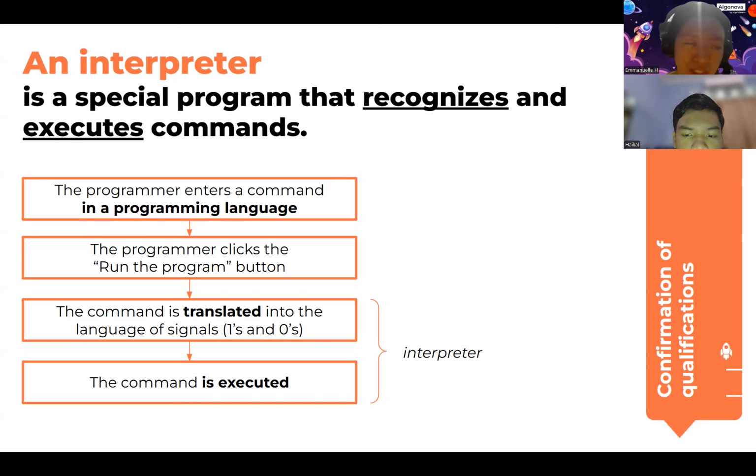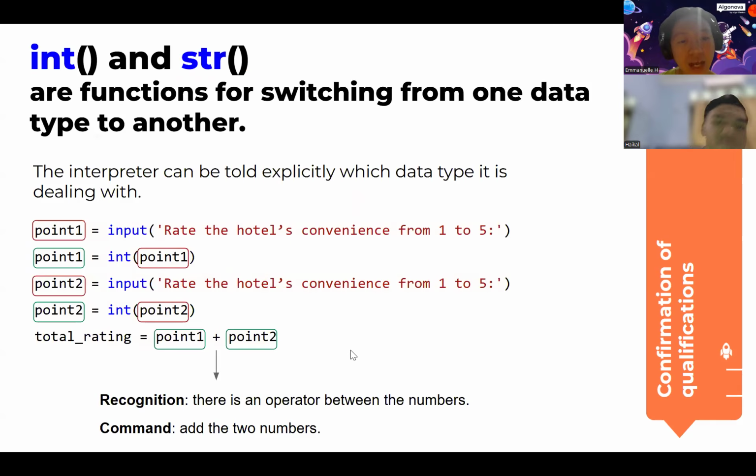So we need an interpreter to read our code and translate it into 1 and 0. So for example, this one, we are also able to shorten this code into 3 lines.